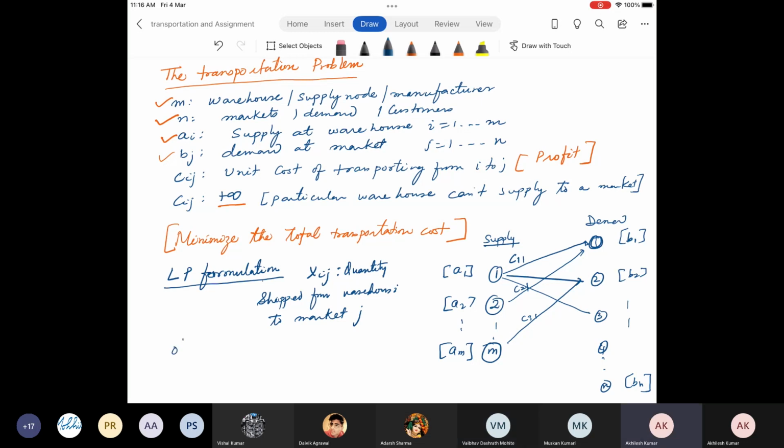So your objective function becomes, give me the objective function equation: minimize Z equals to what would it be? Summation Cij Xij. Is this correct? What is the summation on?